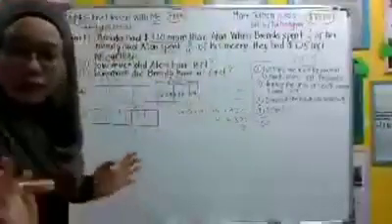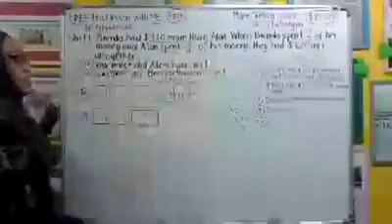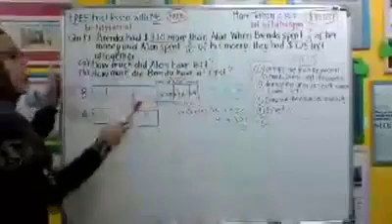So, now the question is asking me, how much did Alan have left? Before that, we focus on the sentence: they had $725 left all together. Which means I'm going to focus on my left.